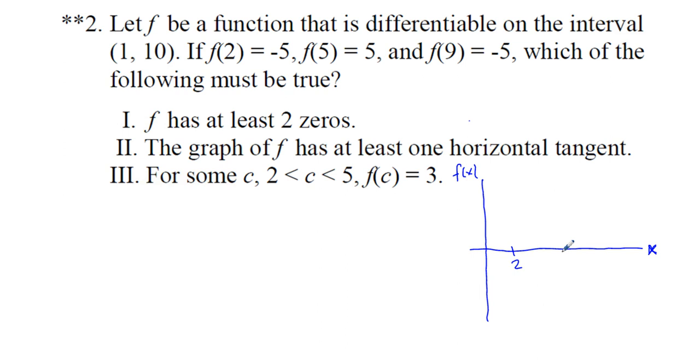We want f to represent f of 5 and f of 9. And then f of 2 equals negative 5. F of 5 equals 5, so that would be up here. And then we would have f of 9 equals negative 5.